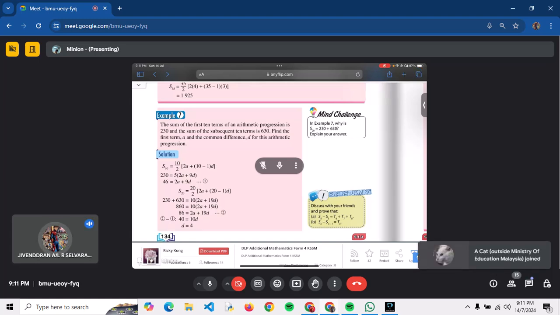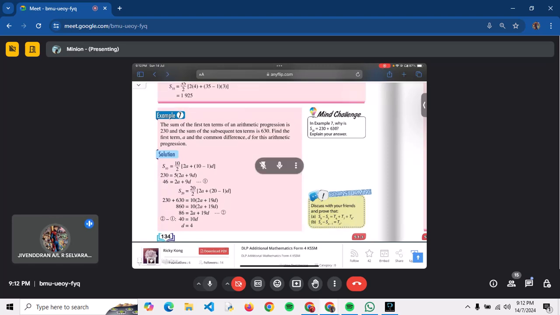And then the next information they gave is the sum of the subsequent 10 terms is 630. That means the subsequent 10 terms, the 10 plus another 10, which is 20. So S20 equals 630.